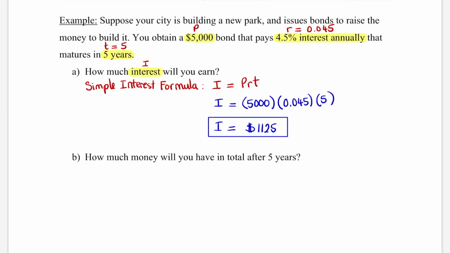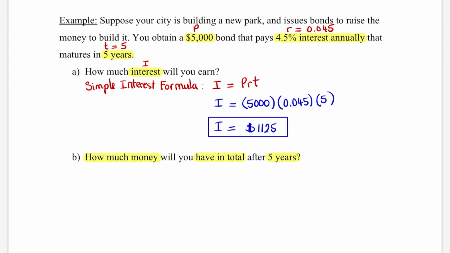Question B. How much money will you have in total after 5 years? So 5 years ago, I had $5,000 and I bought a bond that pays me 4.5% interest. After 5 years, I earned $1,125 in interest, and also I still have my principal $5,000.